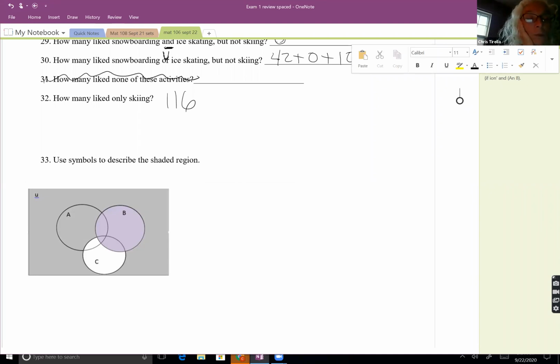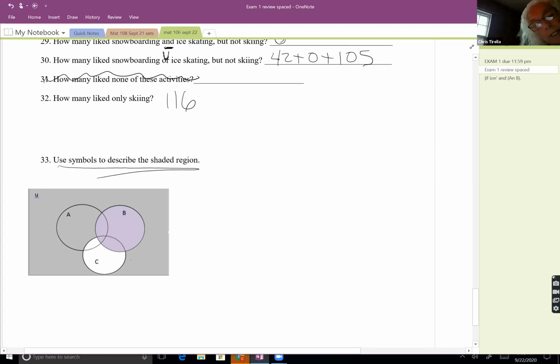I want to know what's shaded. Region 1. But in terms of symbols, do you see what's not shaded is C? So the C complement, but then we're adding back in the inside of B. Otherwise, if you're doing it by regions, it's 1, 2, 3, 5, 6, and 8.